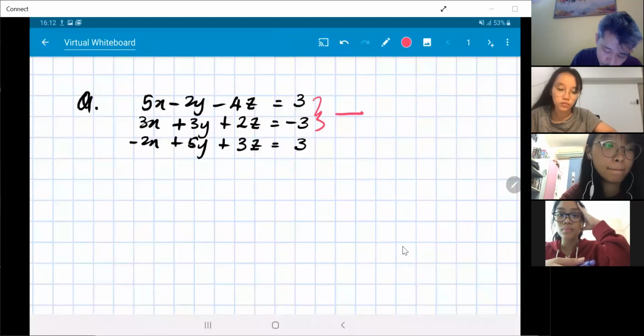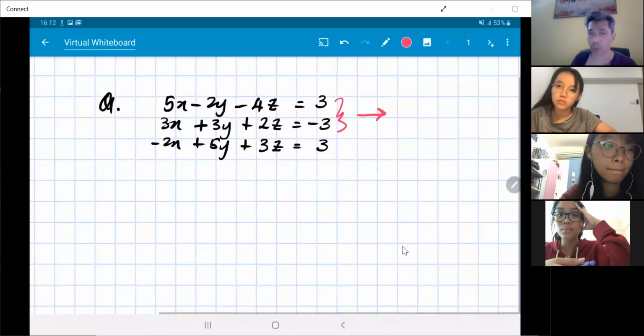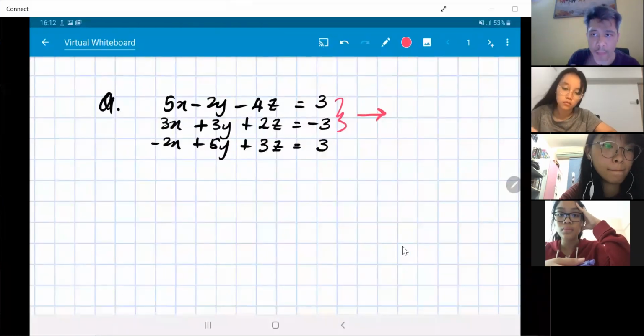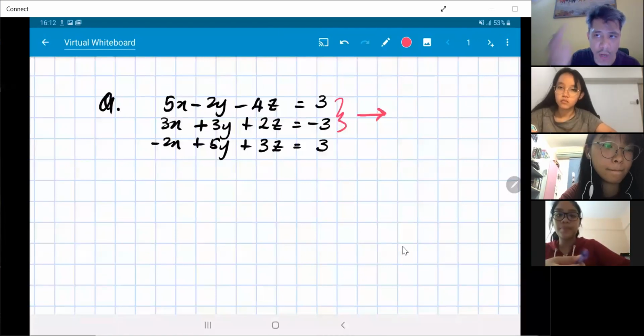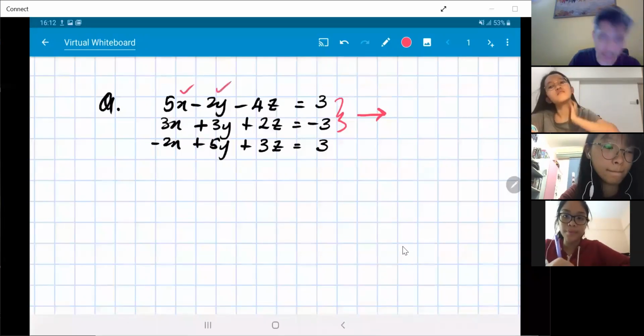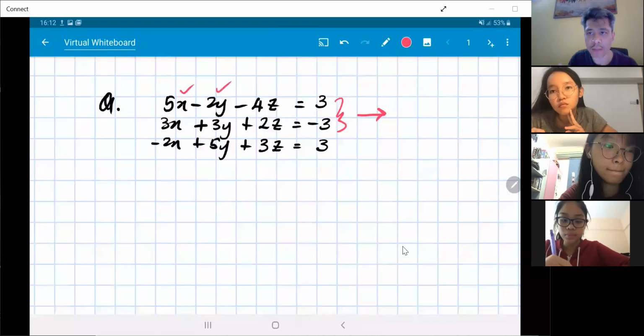What we need to remember is that when you do simultaneous equations, we need to maintain 2 and remove 1. Here we've got x, y, and z. You have to decide which 2 you want to maintain. Example, let's say I want to maintain x and y. That means I want to remove z.